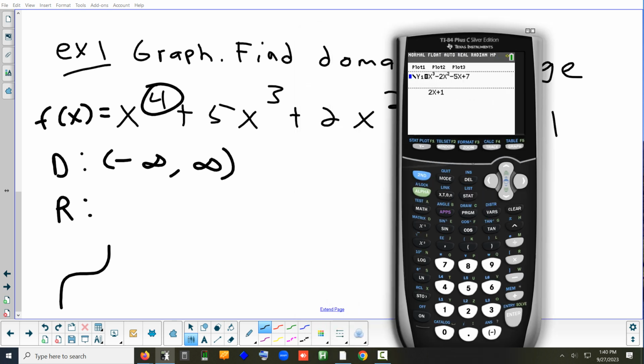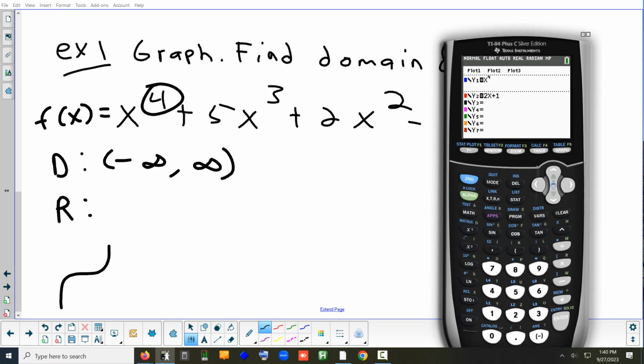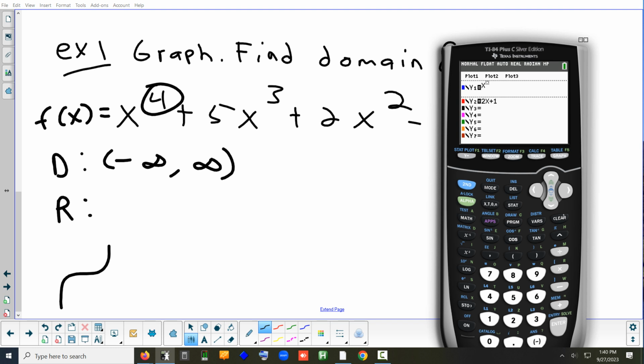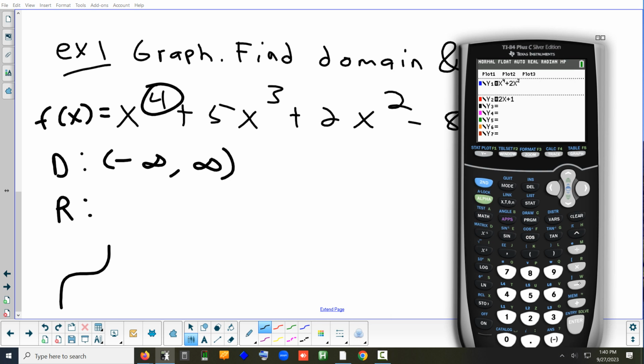Let's graph it. So yeah, x to the 4th plus 2x squared, minus 8x plus 1.